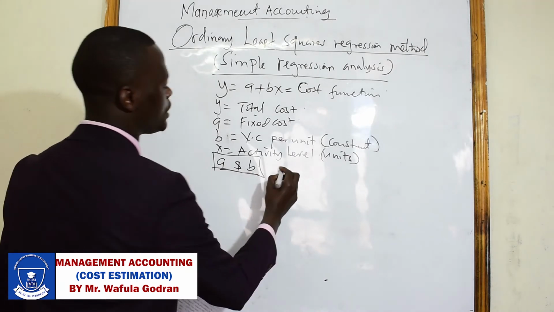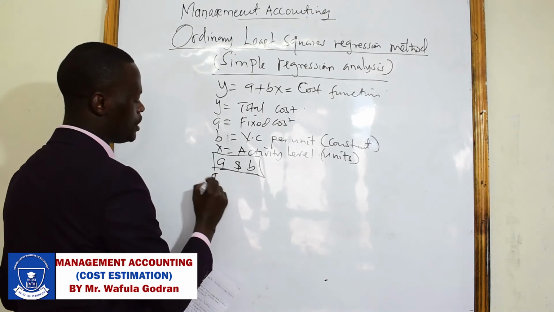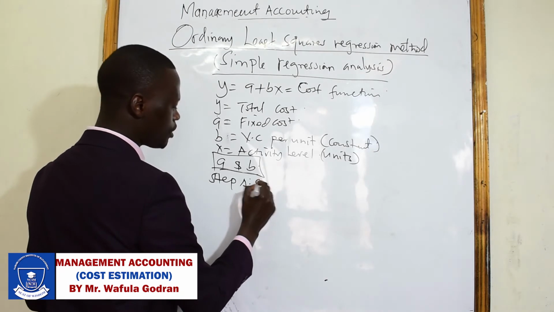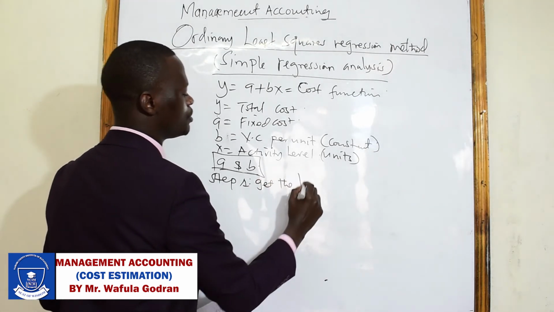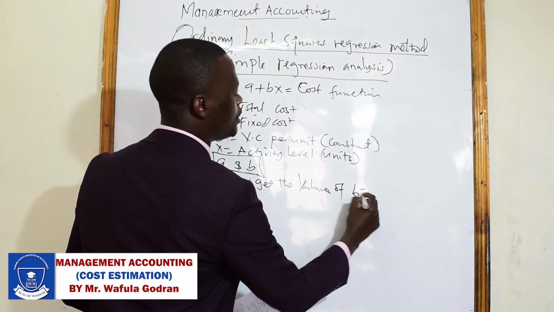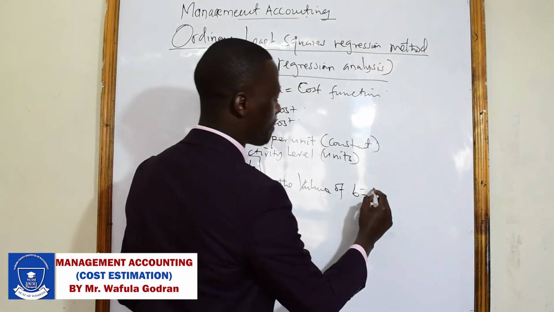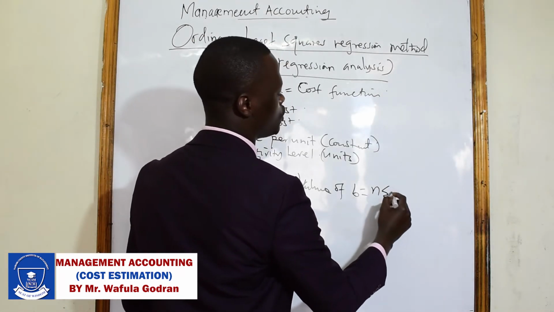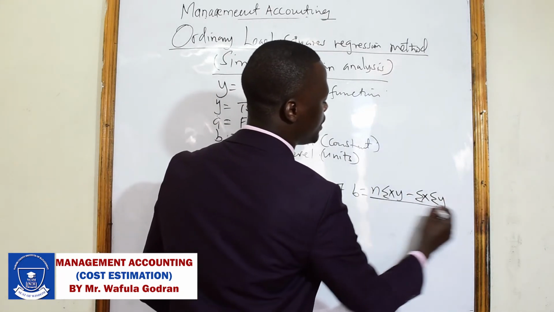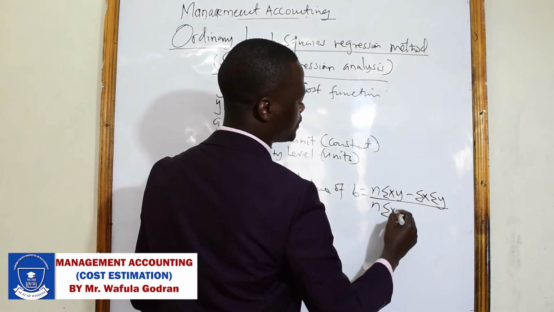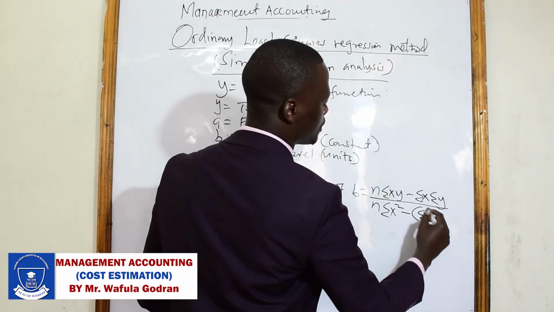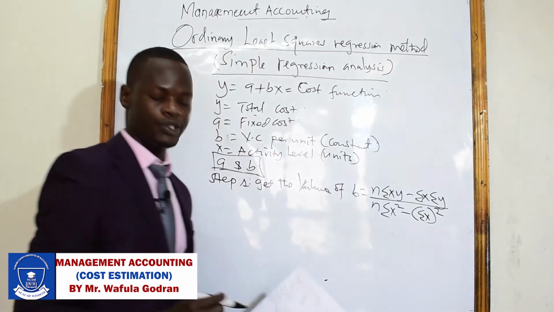Step 1: you always get the value of B. The value of B is given by n summation of xy minus summation of x summation of y, divided by n summation of x squared minus, in brackets, summation of x, close the bracket and square.